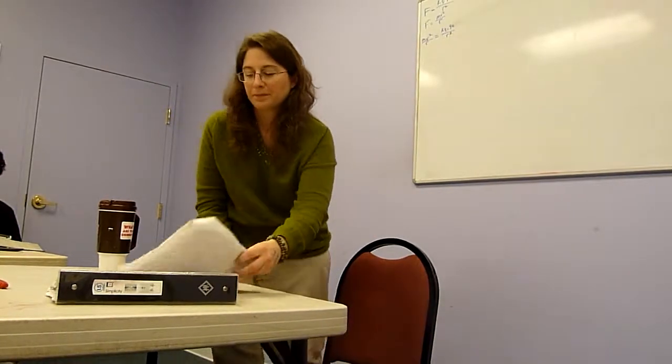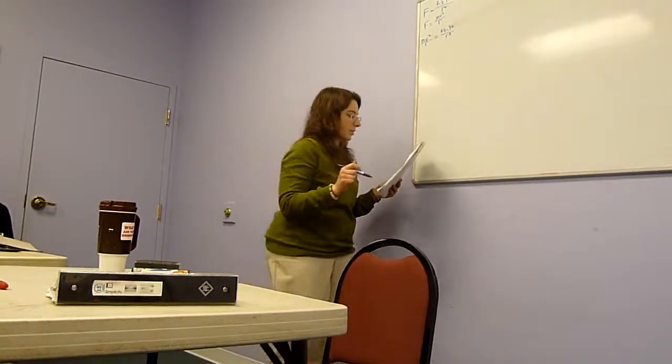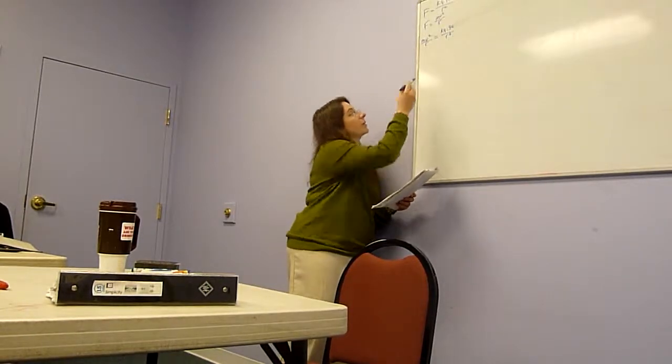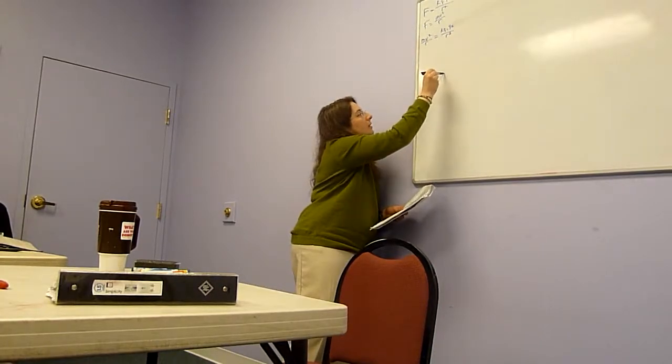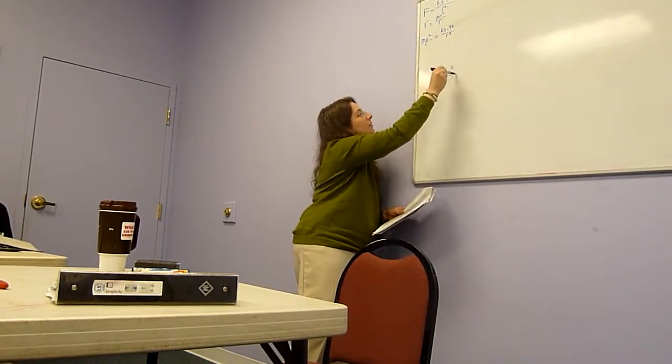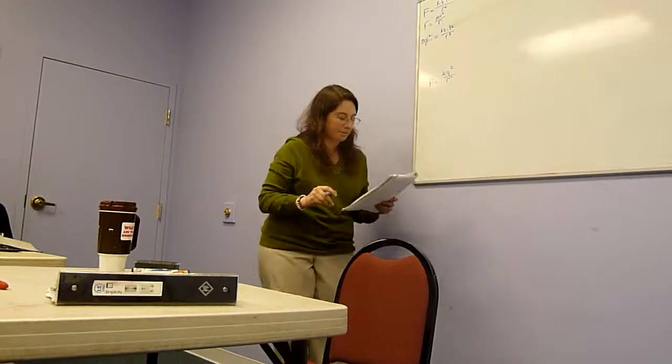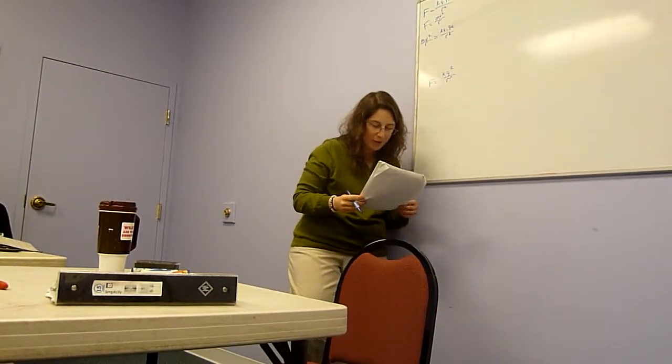Good. Number 3: two particles of equal and unknown charge are 45 centimeters apart. If their electrostatic repulsion is 2.2 times 10 to the 5th newtons, what is the magnitude of their charges? So what will I do to this equation to figure that out? If they're equal charge, then I can say force equals K times Q squared divided by R squared, because if they're equal, they're just multiplied by each other.